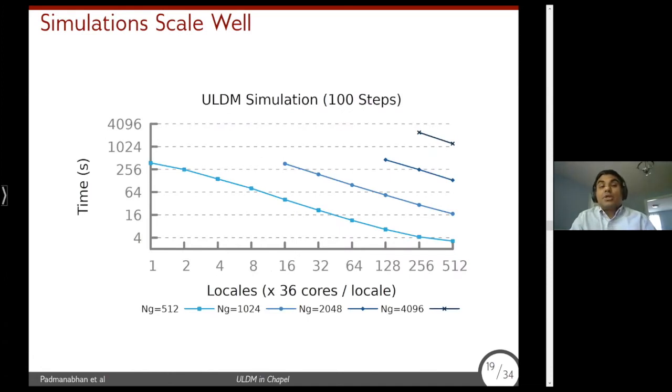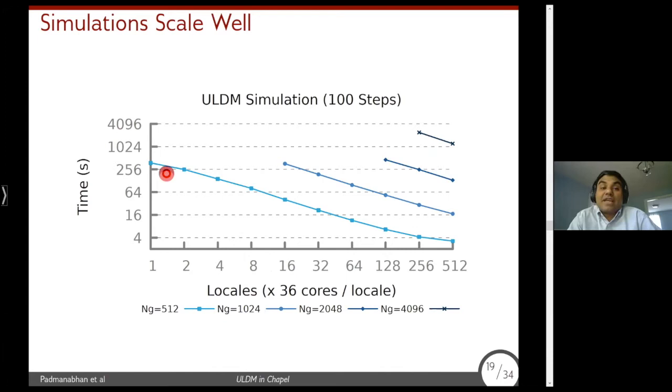So let me show you the timing results for the full system itself. Out here, these are the timings for the entire simulation, not just the FFT, running for different grid sizes from 512 all the way out to 4096. And you can see that you get good strong scaling as you increase the number of locales, and also relatively good weak scaling as we increase the problem size.